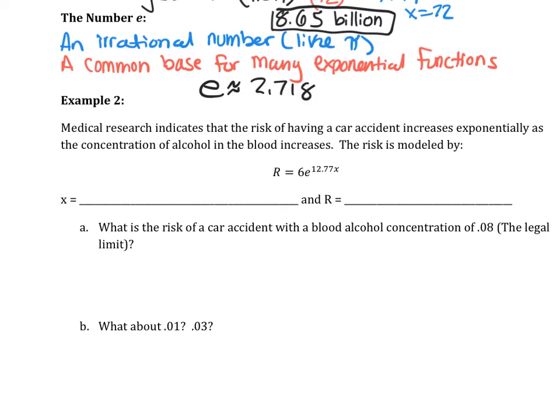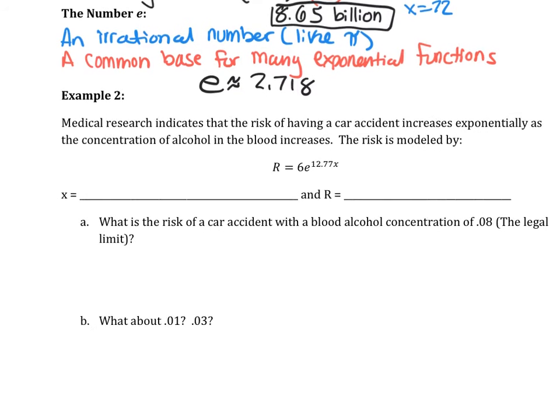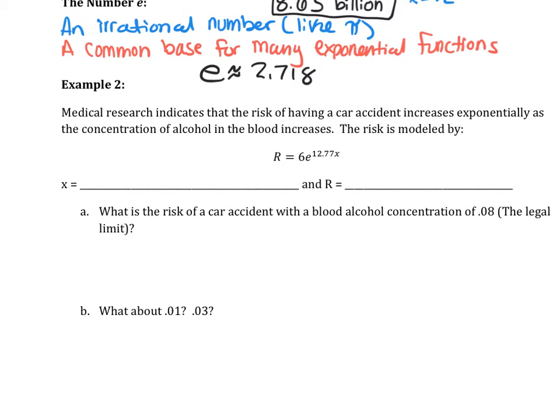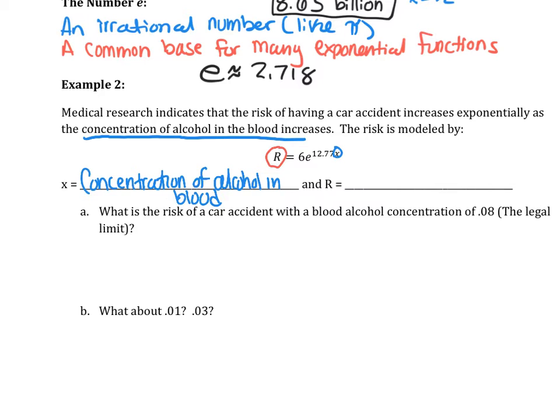And the risk is modeled by the following equation, where R equals 6 times e to the 12.77 x power. So first we want to define the variables. So x is the concentration of alcohol in the blood. And then R is the risk of an accident.